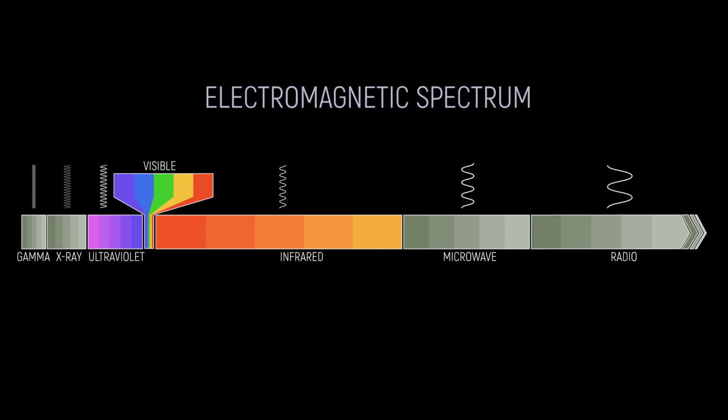However, what we understand as visible light or color is just a narrow portion of this spectrum, like a narrow range of wavelengths that roughly goes from 380 nanometers to 750 nanometers in wavelength.